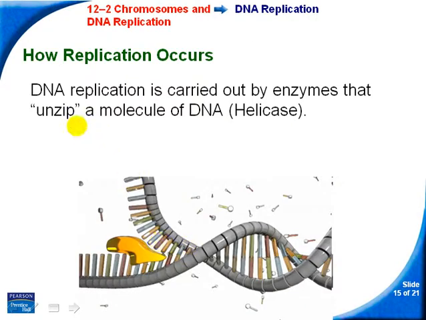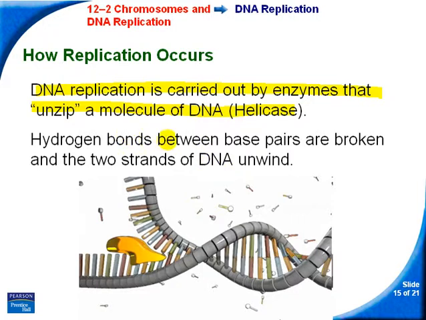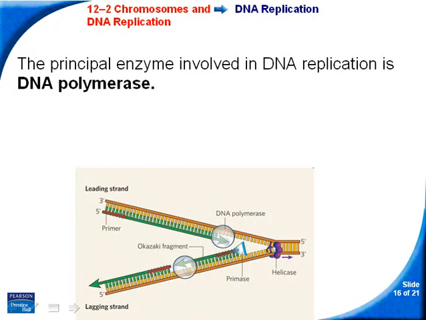DNA first starts to be unzipped with a molecule called helicase. So it's carried out by enzymes that unzip a molecule of DNA, and this enzyme is called helicase. Then the hydrogen bonds between the base pairs are broken. Remember, they're not very strong bonds, so the helicase breaks the hydrogen bonds, and the strands unwind from each other.